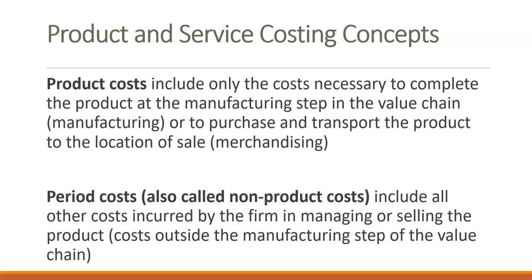Period costs are all of those other costs that aren't part of the individual product. This includes the selling and administration costs. So the selling and marketing of a product is a period cost because it's outside of that manufacturing, or even just purchase and transport if we're a merchandising company.